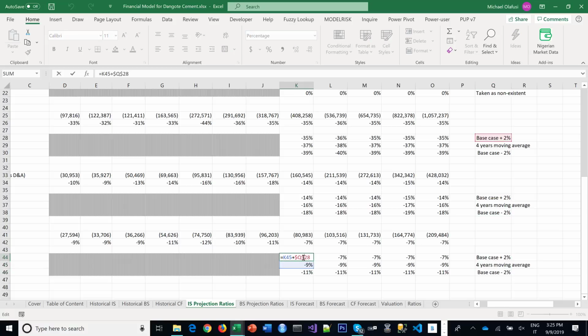Since I know I'll keep dragging this again and again, I can make my life easier by removing the dollar for the numbers part, so that way the thing is able to copy and paste without me having to always do this every time.